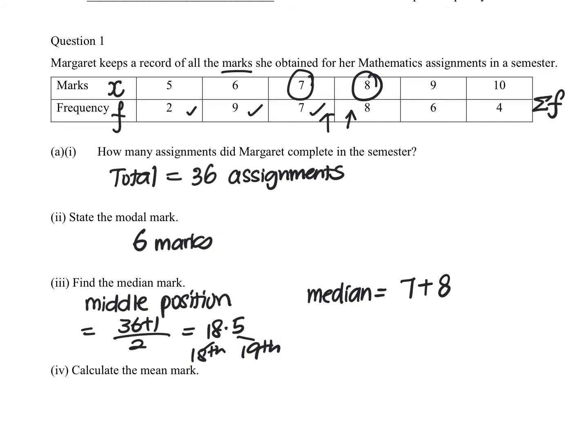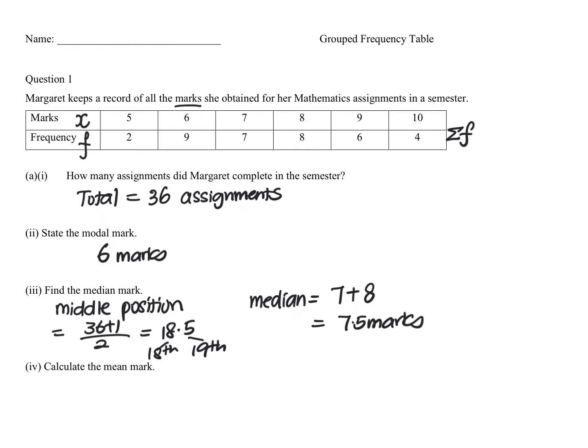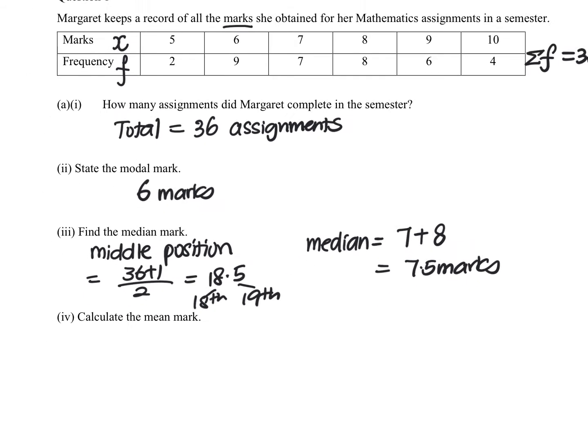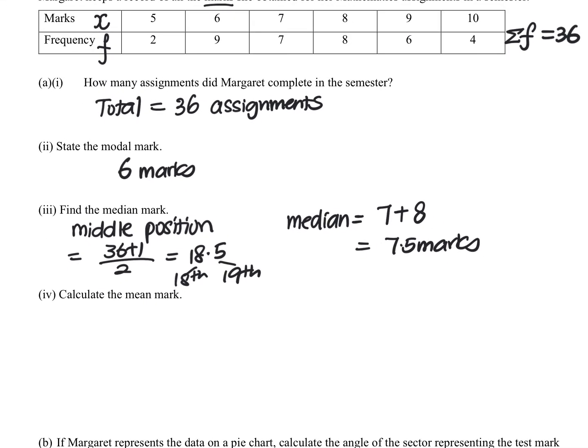On average, this is 7 plus 8 divided by 2, so her median mark is 7.5 marks. Have you gotten the concept? You need to add up the frequencies together, and here the total is 36.